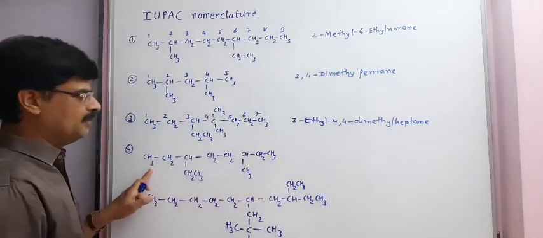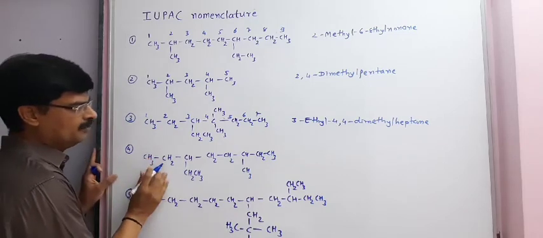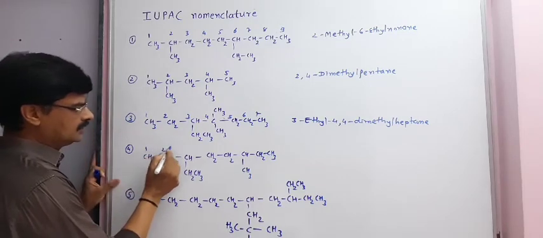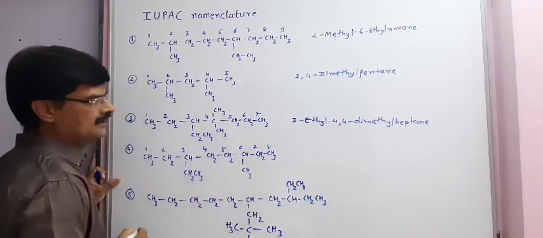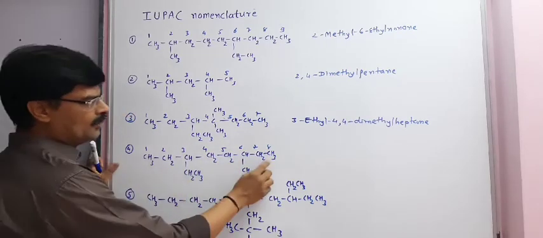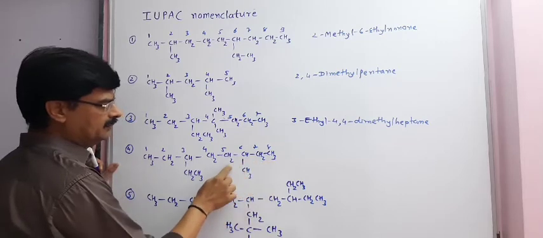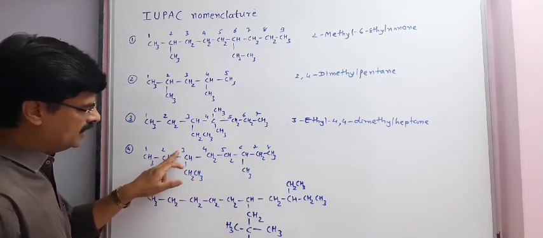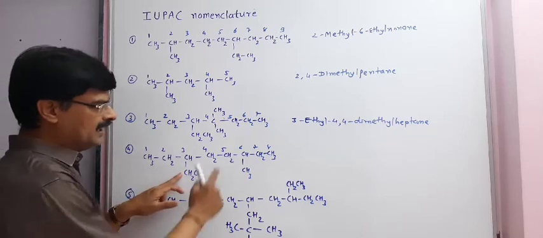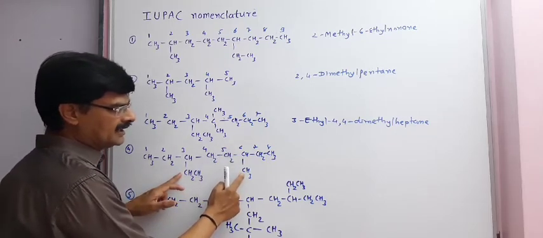Now for the next compound. First of all, giving numbers 1, 2, 3, 4, 5, 6, 7, 8. Or we can give numbers from here also, 1 to 8. But the 3 number carbon has an ethyl group and the 6 number carbon has a methyl group.